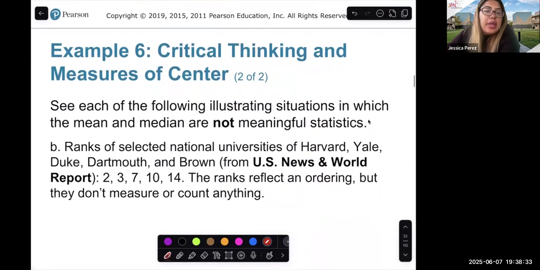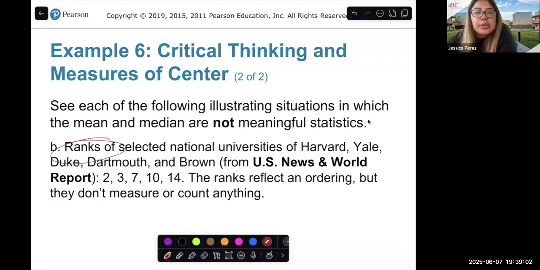Same thing here, rankings. The following illustrations are also non-meaningful, like rankings of universities such as Harvard, Yale, Duke, Dartmouth, and Brown. Depending on US News, let's say Harvard comes in second, Yale third, Duke seventh, Dartmouth 10th, and Brown 14th. So we're just given numbers and told to find the mean and the median. No, we have to see what this means.